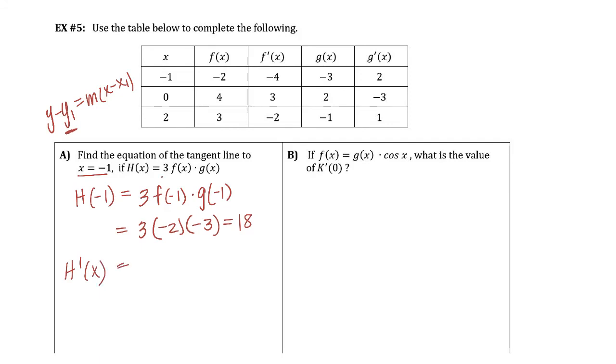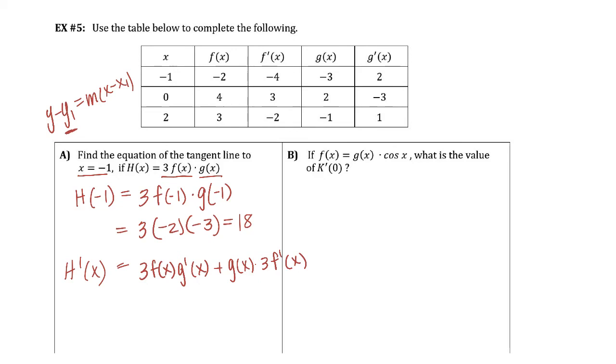So h prime at x, here we're going to do our product rule. So 3f of x, we have our first, times the derivative of the second, plus our second, and then the derivative of the first, so that's going to be 3f prime at x.